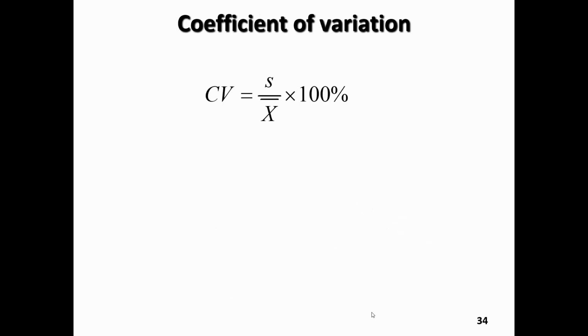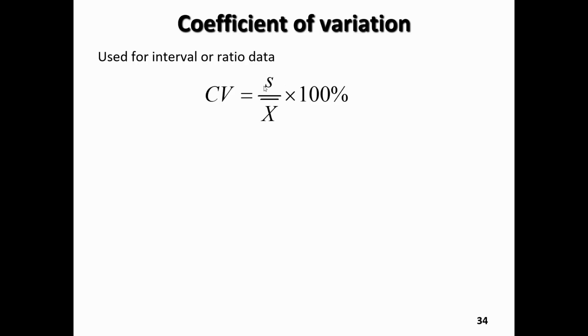Another way to quantify variability with interval or ratio data is what's called a coefficient of variation. And the coefficient of variation is calculated by taking the standard deviation of a sample and dividing it by the average of the sample.